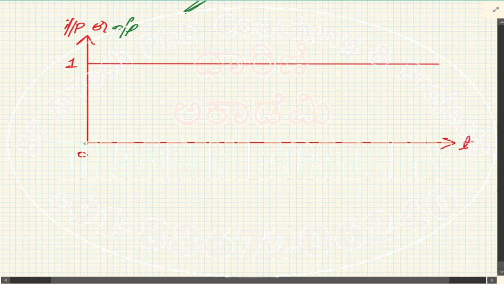Now the output is actually going to be 1 by 7. So 1 by 7 is expected to be this value, but this value will be reached only at t equal to infinity, correct? Before that it's a smaller value because you are subtracting something from there initially, so it will be like this.